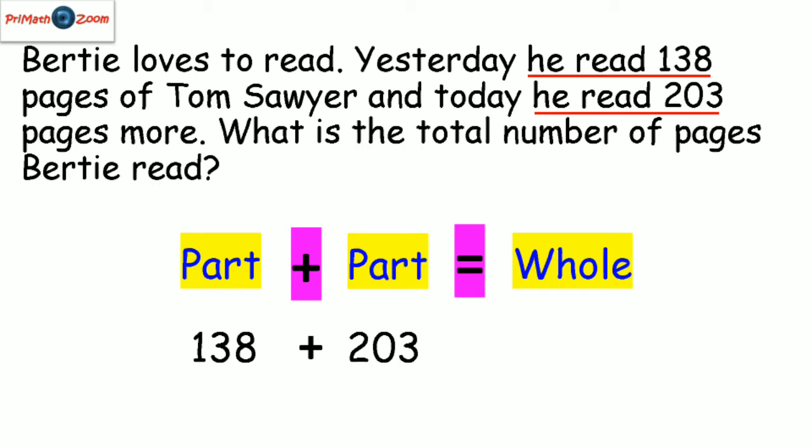That is our other part. And we know that when we're adding, part plus part gives us a whole. So we can represent our whole with this box. And this box represents the unknown or the variable. If we don't want to use a box, we can use a letter, of course. So let us use the letter P to represent pages, and the pages is what we're trying to find.